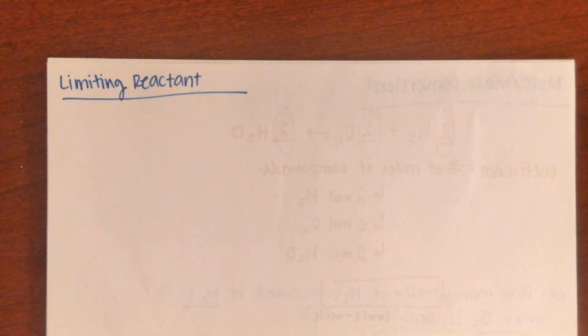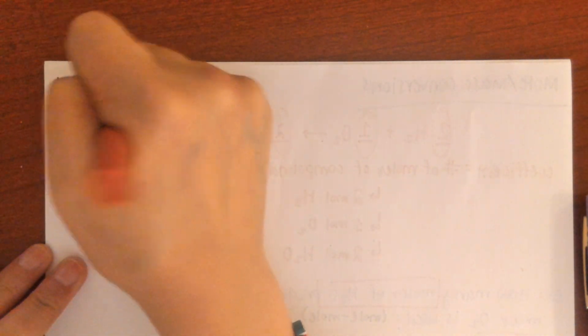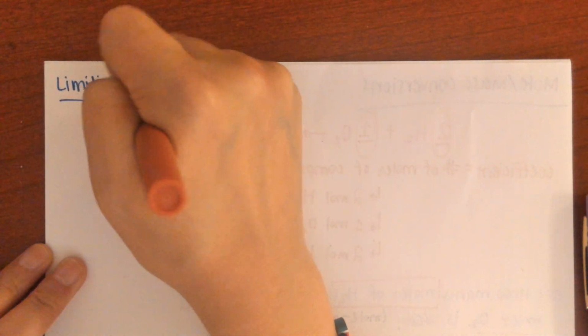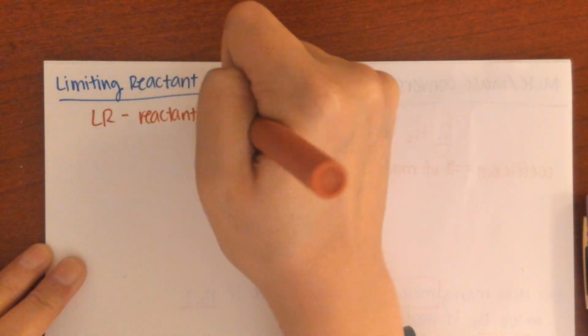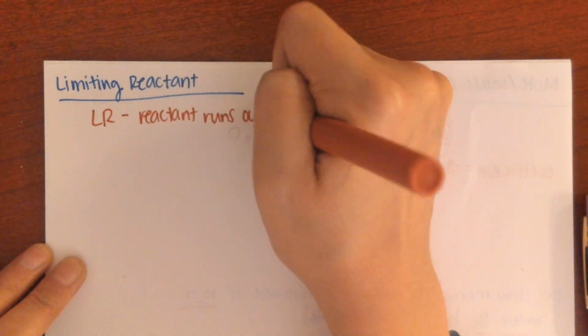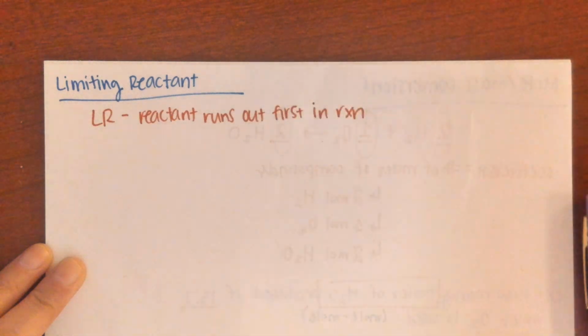So what is limiting reactant? Limiting reactant, which I'm going to abbreviate to LR, is the reactant that runs out first in a reaction. RXN for reaction.